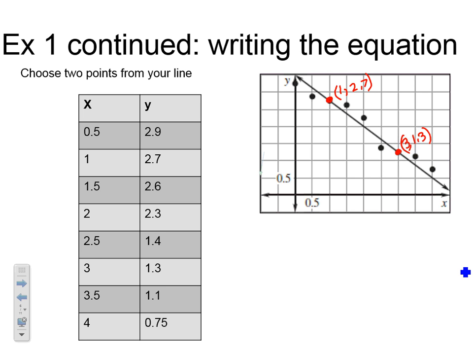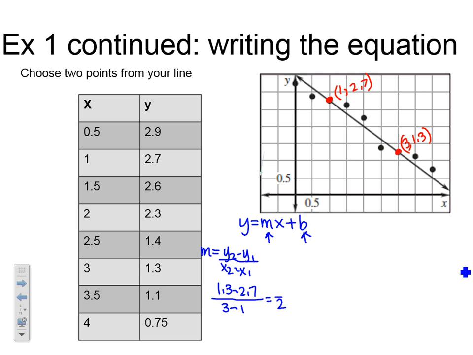An equation of the line, you need what? y equals mx plus b. And the 2 key features of y equals mx plus b is finding my m and my b. So once I find those 2 points, I can find my slope. So my slope is equal to y2 minus y1 over x2 minus x1. y2 is 1.3 minus 2.7 all over 3 minus 1.